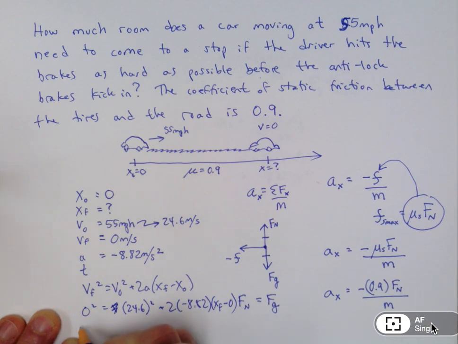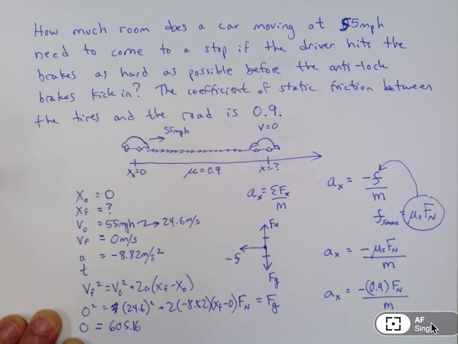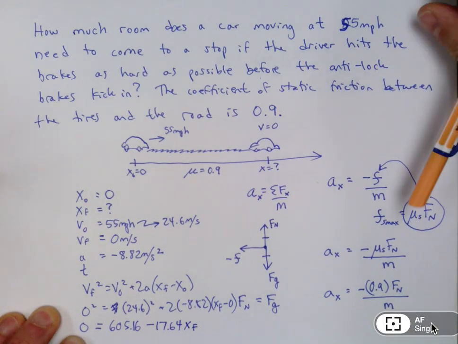So algebra would be 0 equals, I'm going to square 24.6, and that gives me 605.16. I'm going to multiply 2 times negative 8.82, and that gives me negative 17.64, and that is times xf.